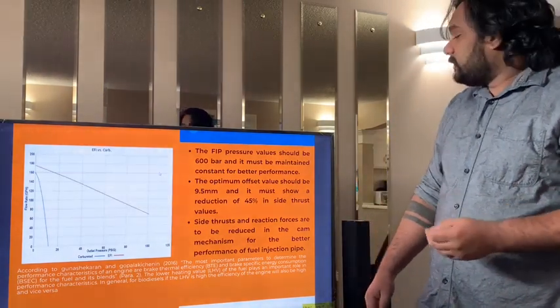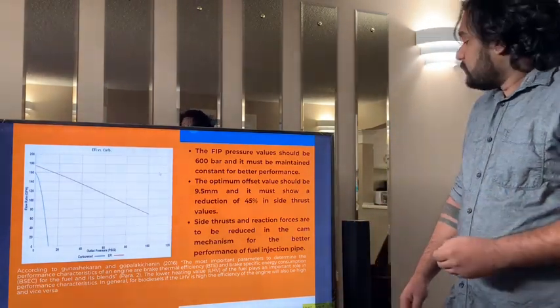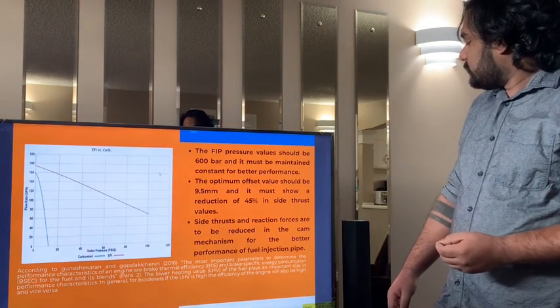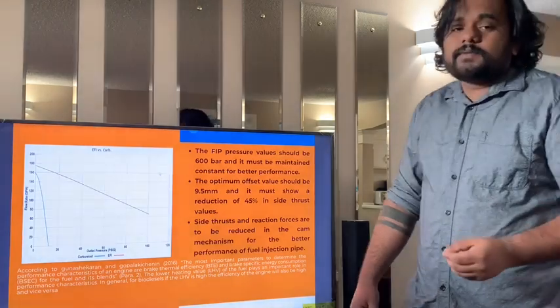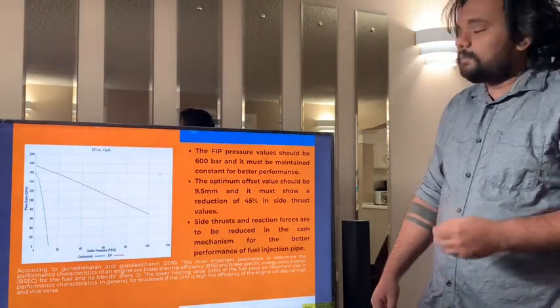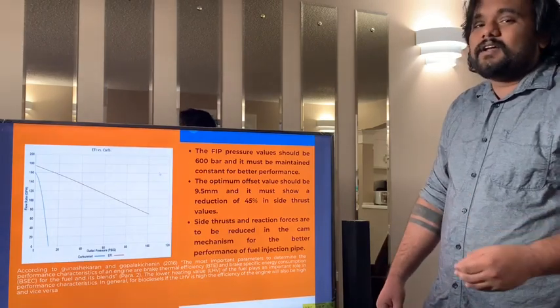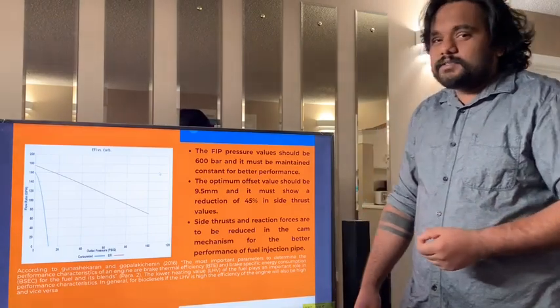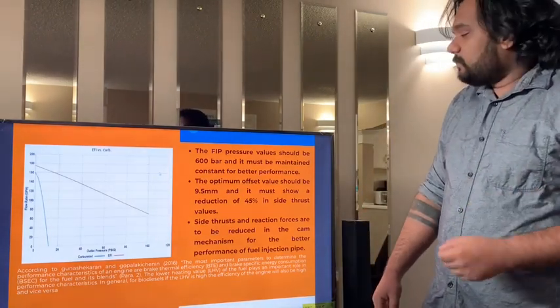That will improve the performance as well. The side thrust and reaction forces are to be reduced in the cam mechanism for better performance of the injection system. Considering these factors, it is clear from the chart what changes we have to make in the design-level parameters to get a better improvement from the system.